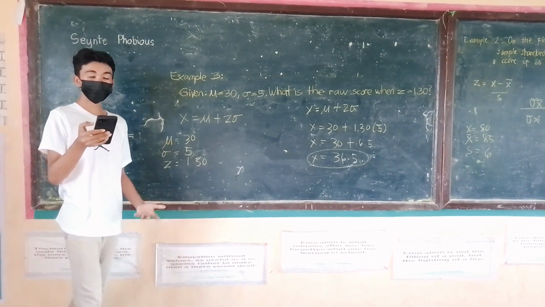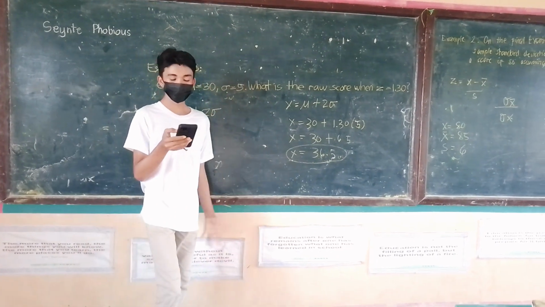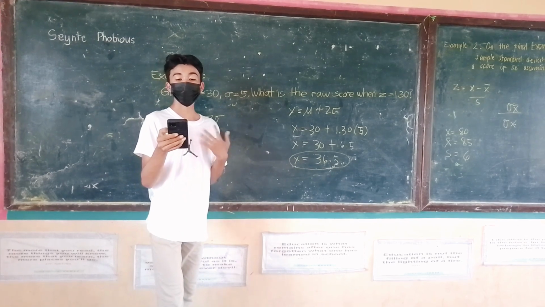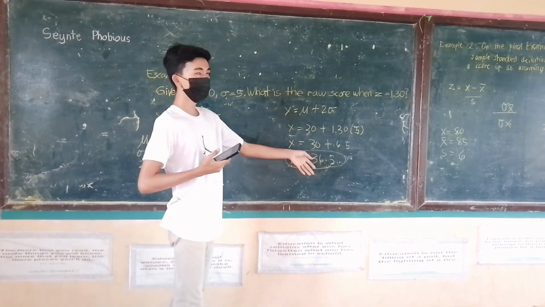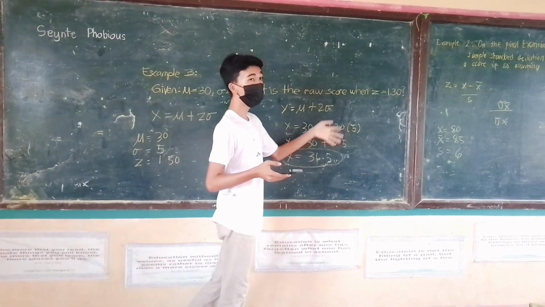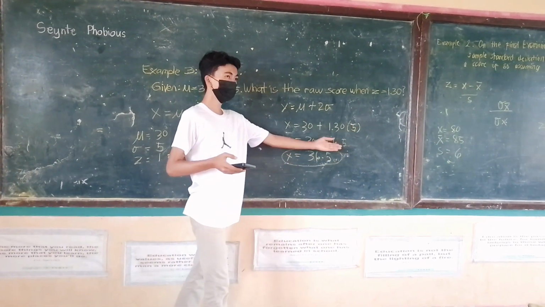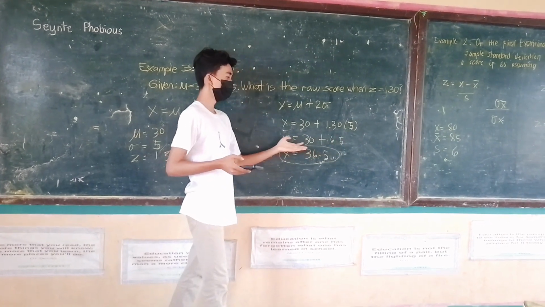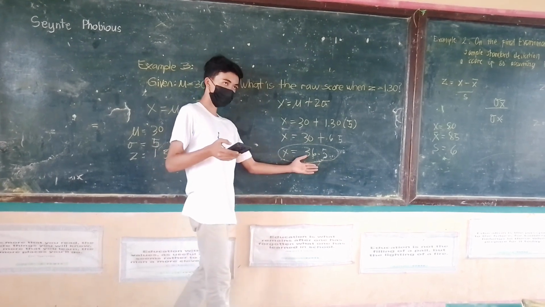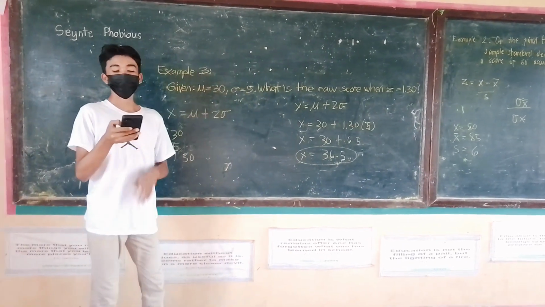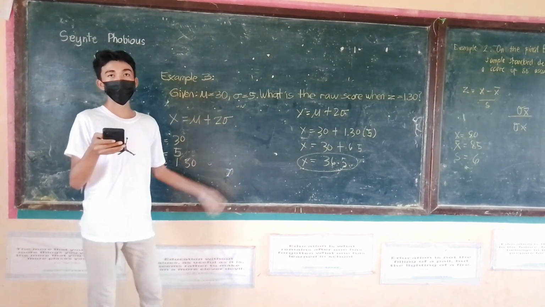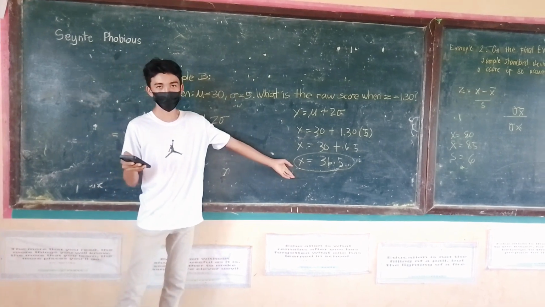The last step is to substitute the given values in the computing formula, then compute the raw score. 30 plus 1.30 times 5, where 1.30 times 5 is equal to 6.5. 6.5 plus 30 is equal to 36.5. Thus, the raw score when Z is 1.30 is 36.5.